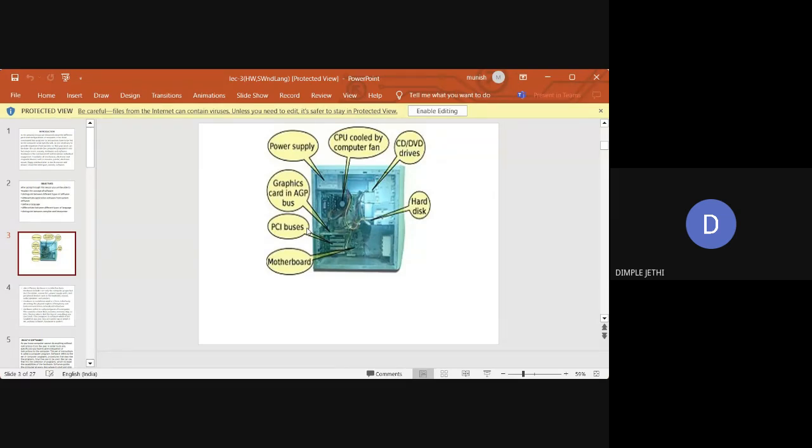Channels. Channels, right? Wires through which you transfer your data from hard disk to CPU, through which your data is transferred. So these wires are called buses, right?